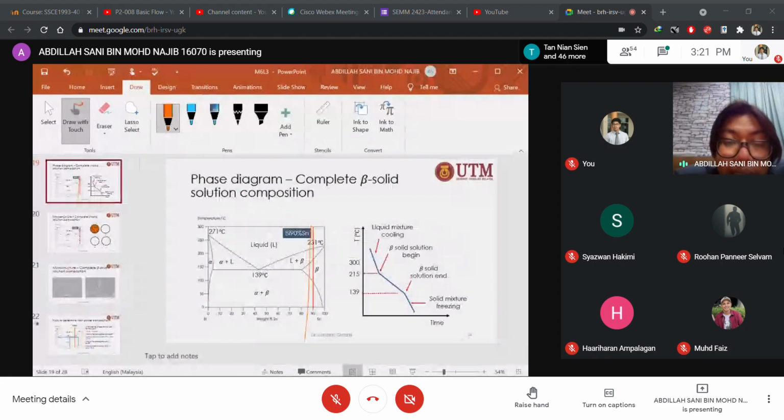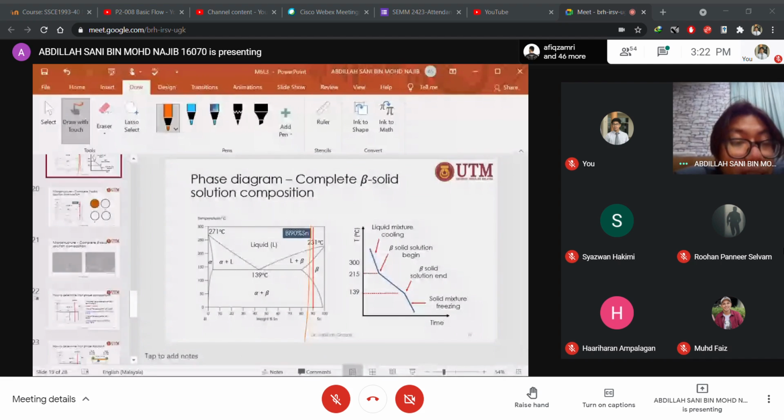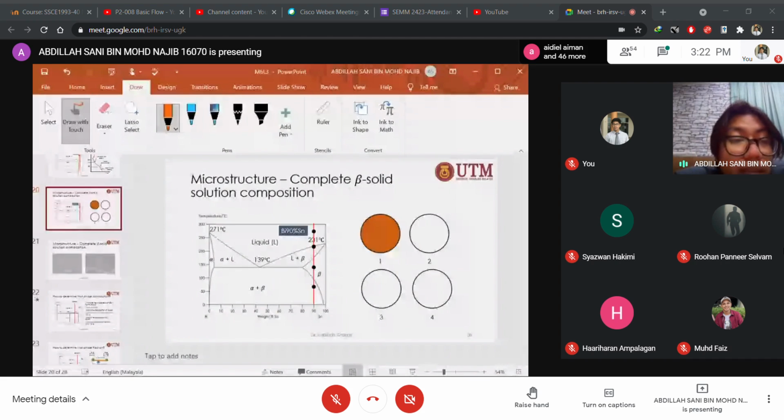So you will get beta, and then upon cooling off again, you will have alpha and beta. Okay, so you can see the difference.